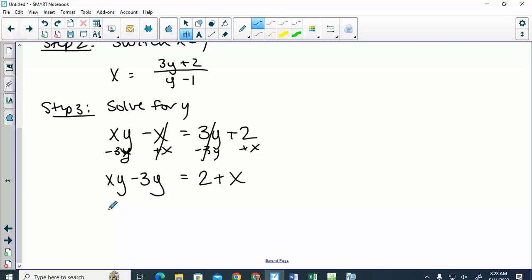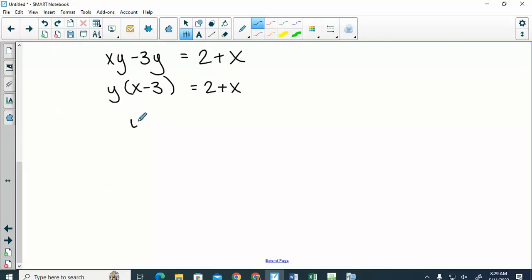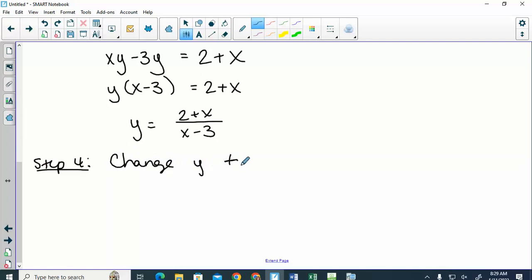Then what? Take out a y. And the bottom. And then step 4 is change y to f inverse of x. Just a notation thing. So the inverse is 2 plus x over x minus 3.